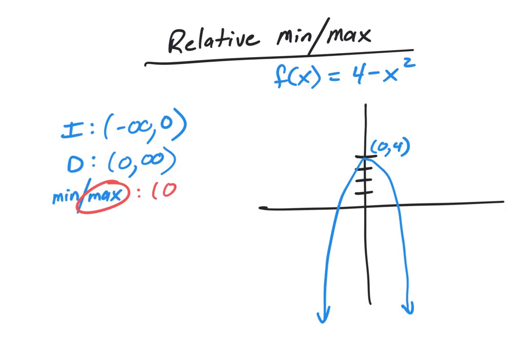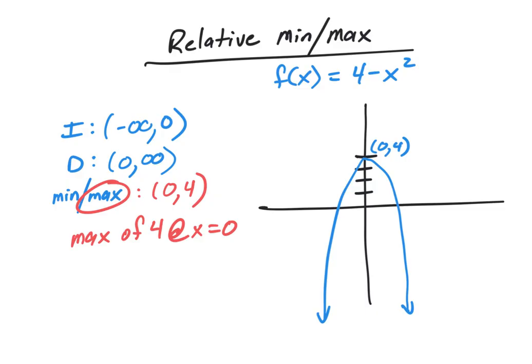And we know the ordered pair of that maximum is 0, 4. But the way that we're going to write this, 4 is the high point that it reaches. So when we talk about a minimum or maximum, we're going to talk about the y value of that ordered pair.